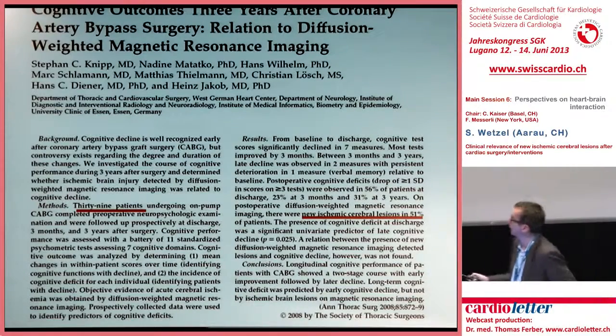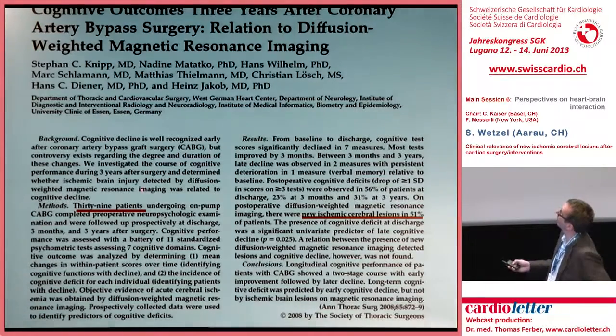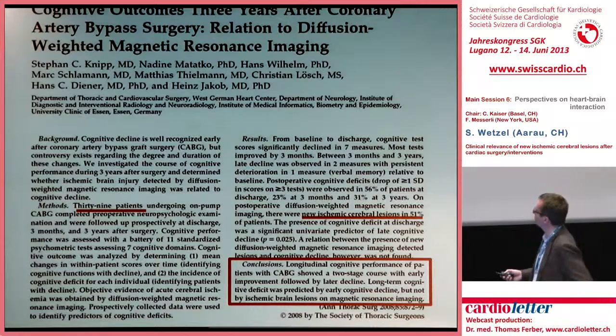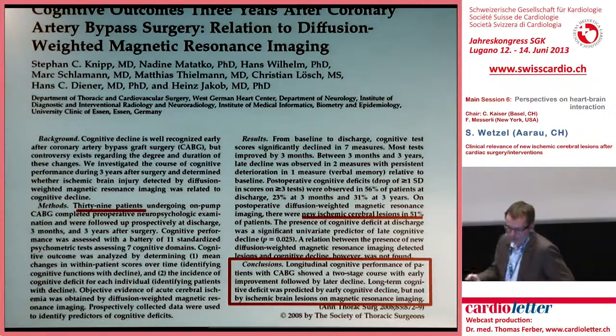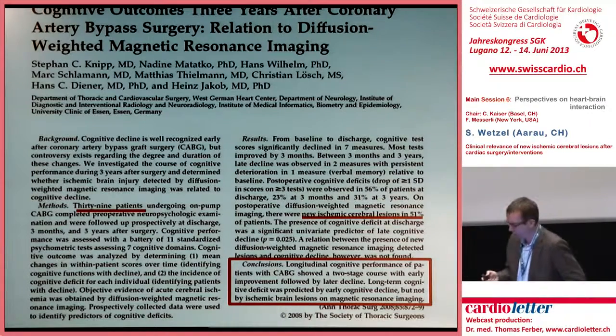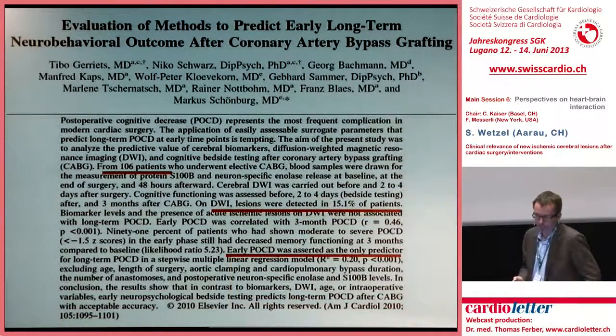It's a small study, 39 patients, and they underwent cardiac bypass surgery. And new ischemic lesions were here in 51% of the patients. However, long-term cognition was only predicted by the early cognitive decline, but not by the new DWI lesions which were seen.